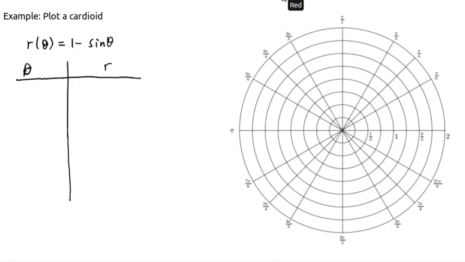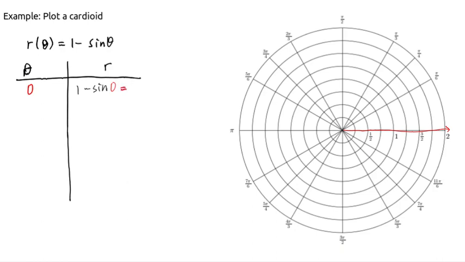So let's start with theta equals 0. Remember, theta equals 0 is just this ray which emanates from the pole. Remember, the origin is called the pole in polar coordinates, in the direction of what's usually the positive x-axis. And so we plug this in for theta, and our radius becomes 1 minus sine of 0.